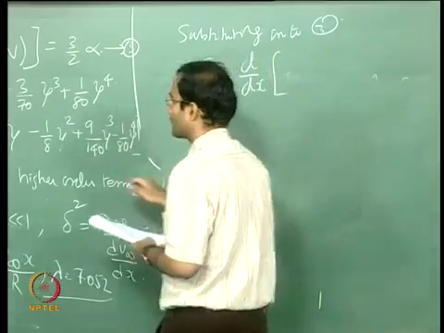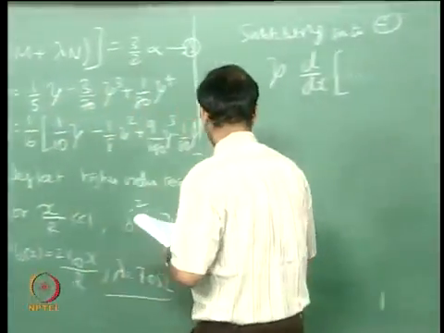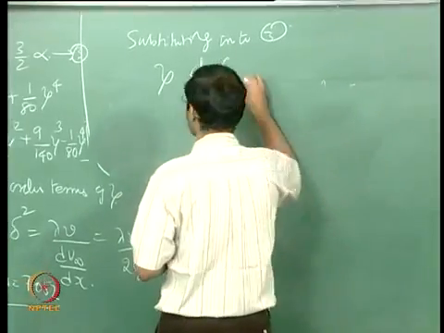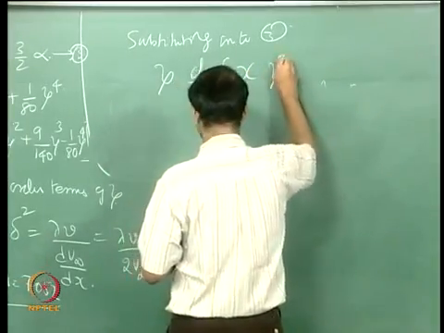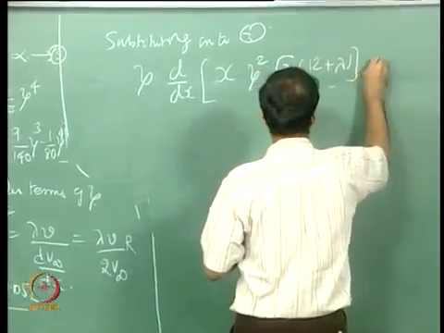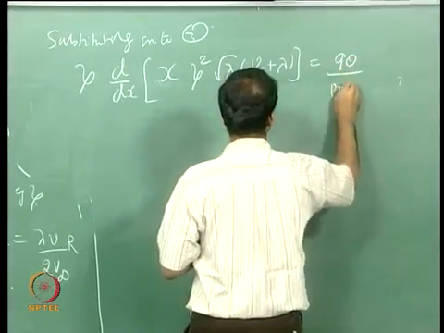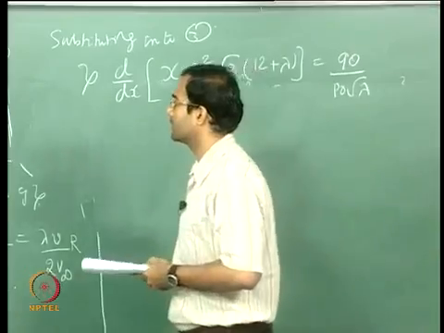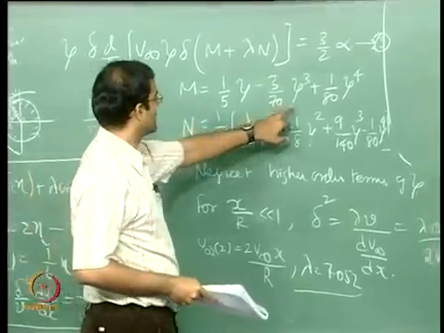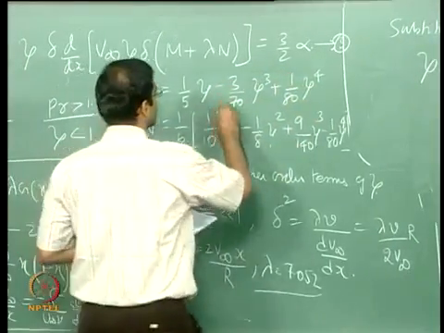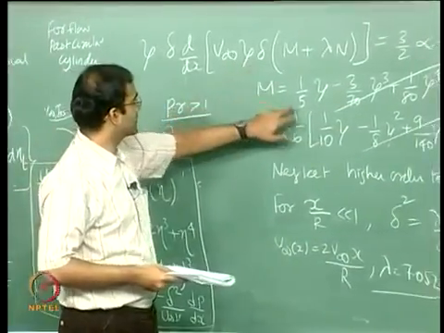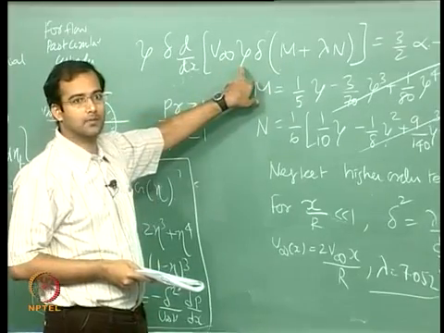I have already substituted for delta, and I know the value of lambda also, so this will be x times zeta, square root of lambda into 12 plus lambda, which will be equal to 90 by Prandtl number square root of lambda. Everything is in terms of lambda, and of course for zeta, you have neglected all the higher order terms, so only the zeta square term will be there.